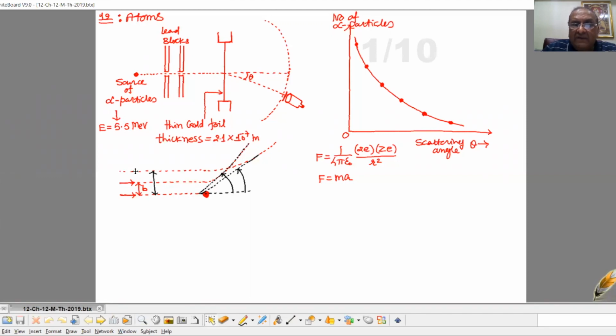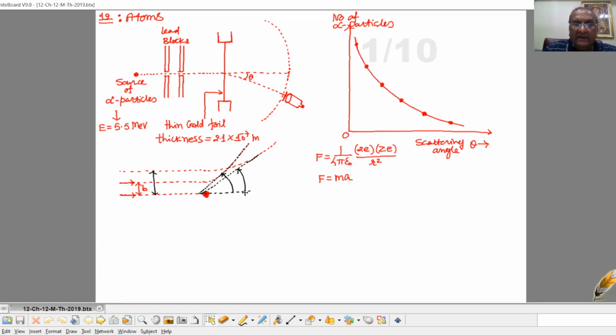And if the impact parameter is large, it implies that the distance of the alpha particle is more, then the repulsive force will be less, so it will suffer scattering at less angle.